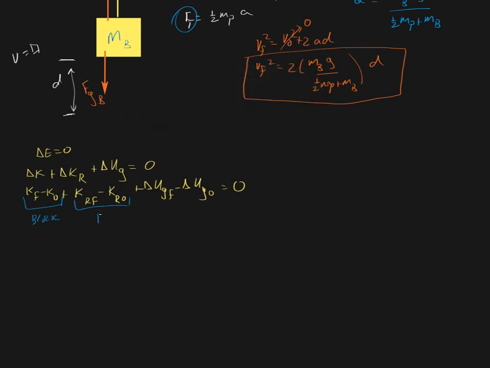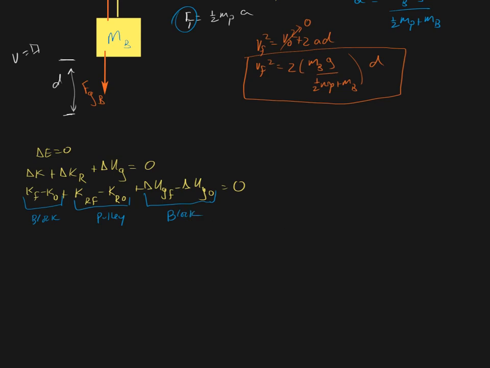This corresponds to the pulley. And remember that the pulley has no change in gravitational potential energy because there's no change in height. There's a lot more terms I can add to this. I just gave you the most simplified form. And then finally, the delta UG corresponds to the block once again.